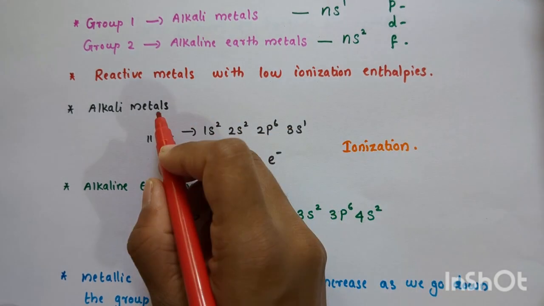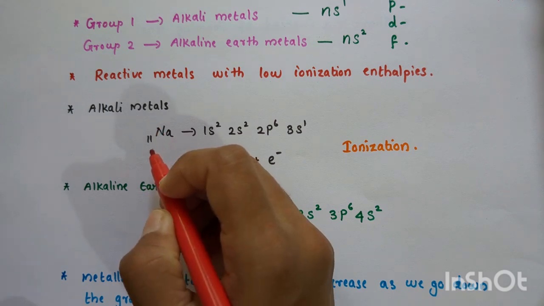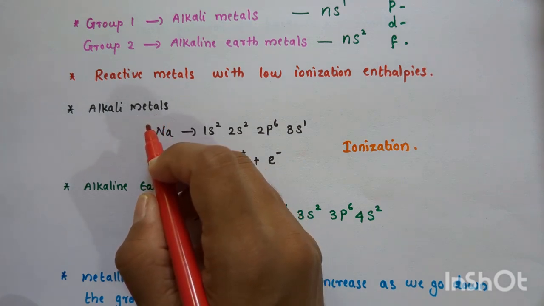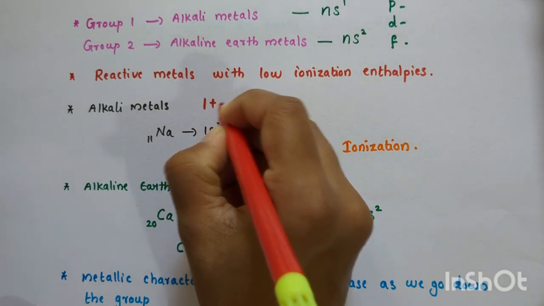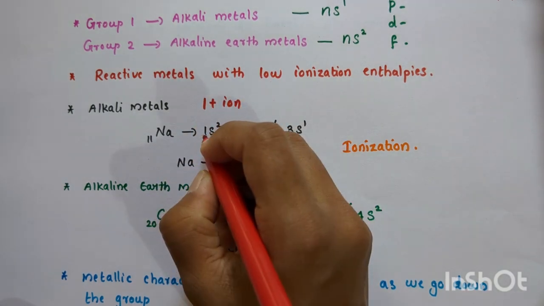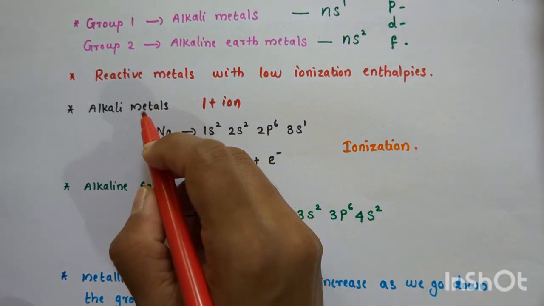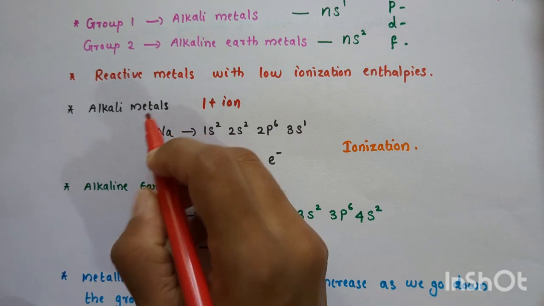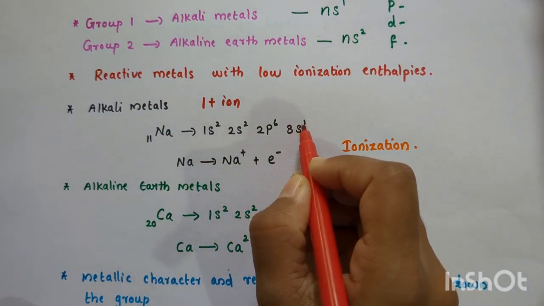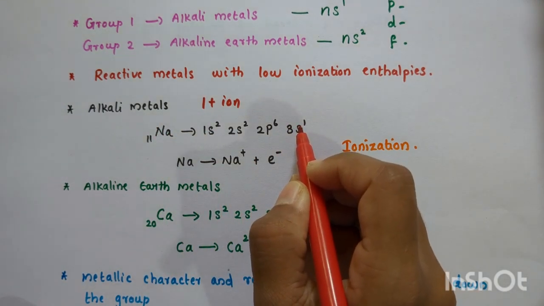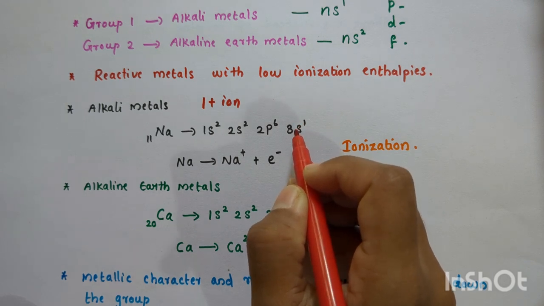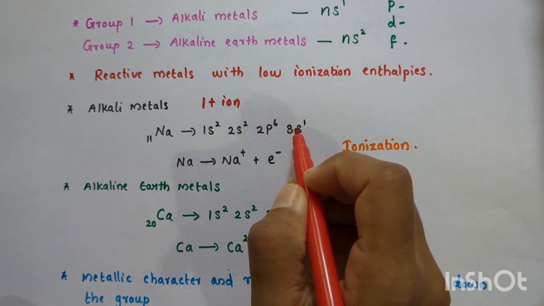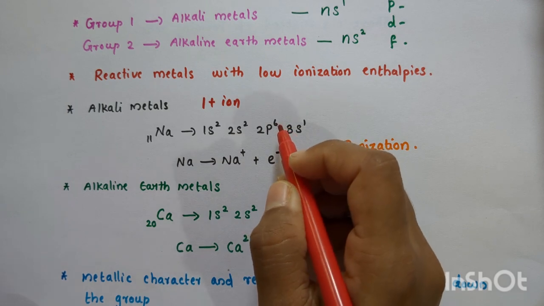In the case of alkali metals, the first group elements, they lose the outermost electron readily to form a 1 plus ion. This is because alkali metals have a single electron in their outermost energy level, which can be easily removed, resulting in a stable noble gas configuration.